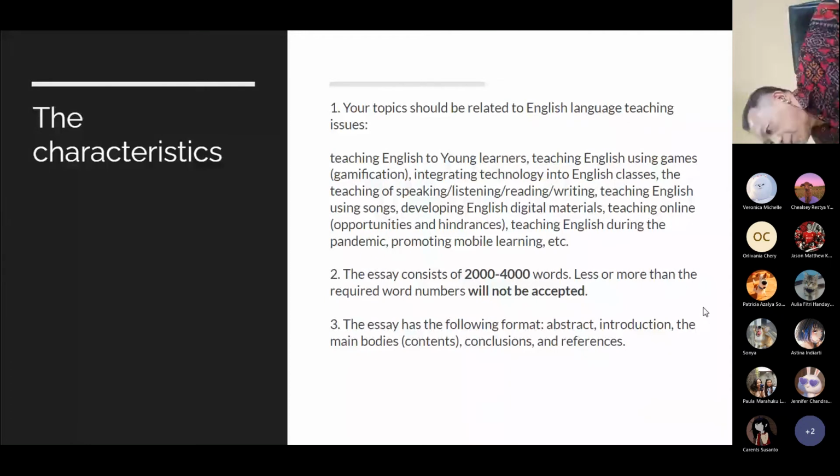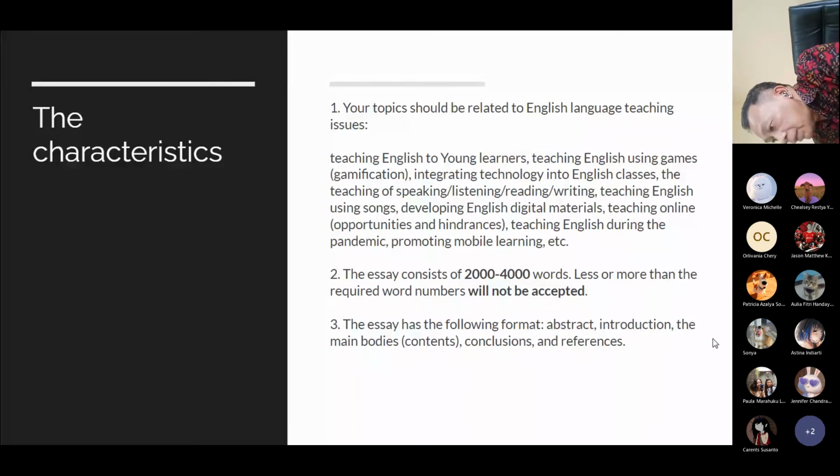You have a number of topics to decide from, but they are still related to the teaching of English. You can write about things like teaching English to young learners, teaching English using games, integrating technology into English classes, the teaching of speaking, listening, reading, writing, teaching English using songs, developing English digital materials, teaching online, opportunities, hindrances, teaching English during the pandemic, promoting mobile learning.